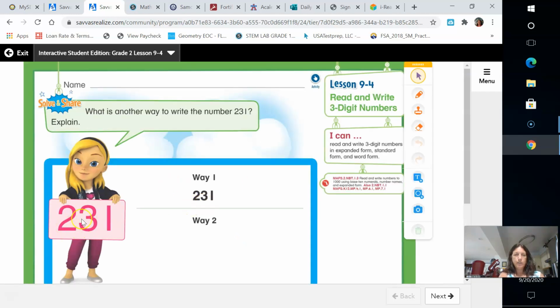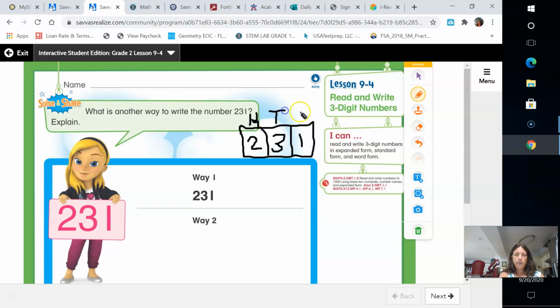Okay, so here's our number she's holding. If we put it in a place value mat, it would look like this. Probably would look neater than this. There we go. We know this is hundreds. Tens.